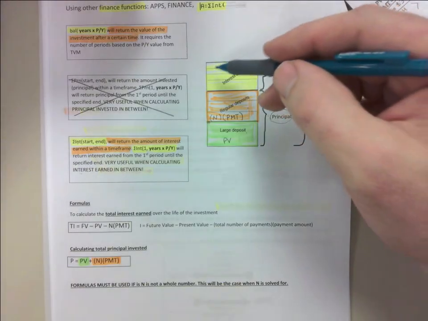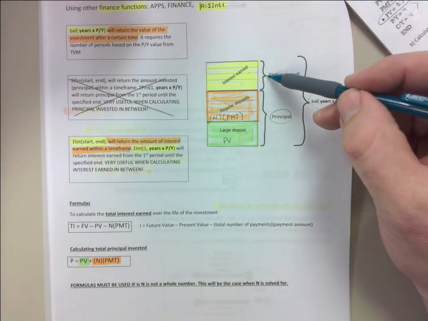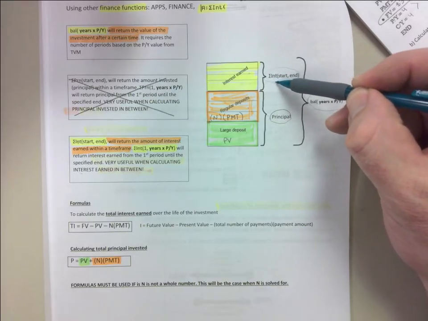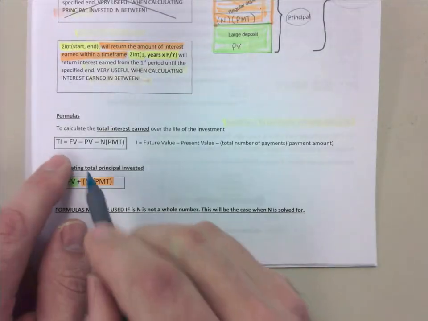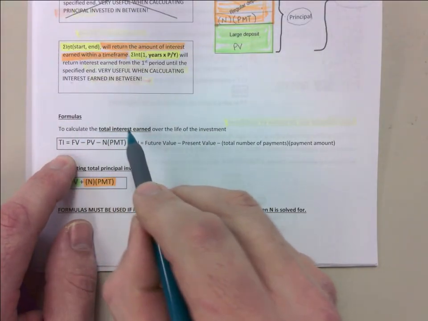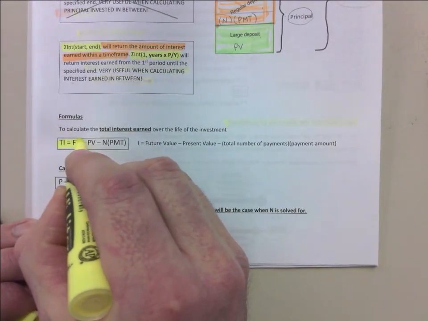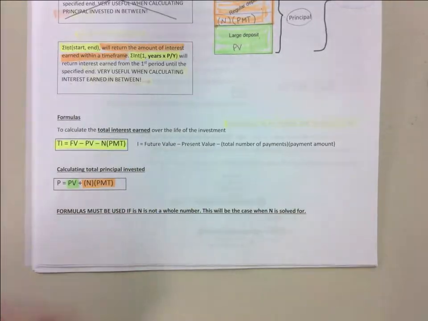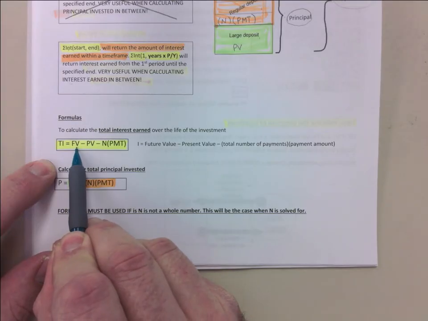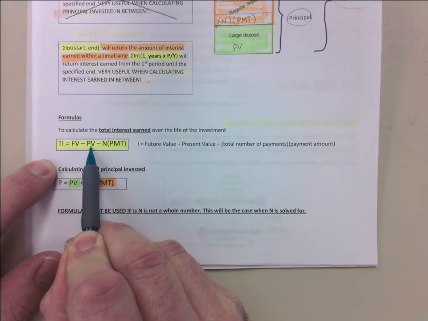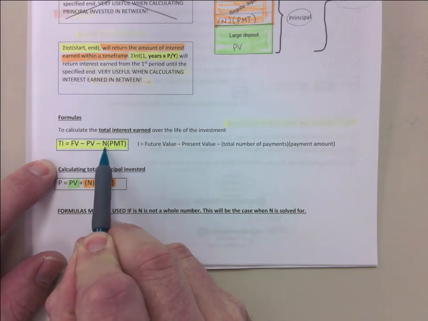To figure out how much interest you've earned, you can use the function here, or you can use the formula. Okay, you can use this formula. So this is another formula that I'm going to ask you to highlight. I'm using the same color that I highlighted the box for interest. Okay, and so basically it's future value minus present value minus n times PMT.